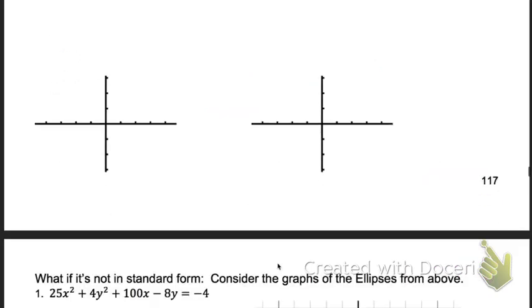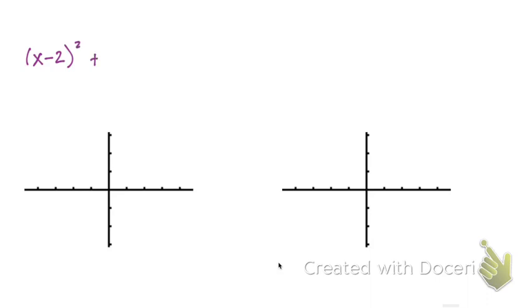So if I had, for example, x minus 2 squared plus y plus 1 squared over 9 over 4 equals 1. Then where would my center be? 2, negative 1. So I'm going to plot that point.